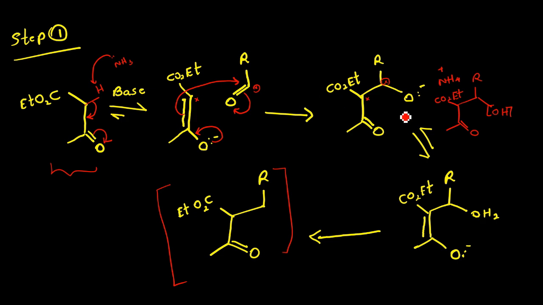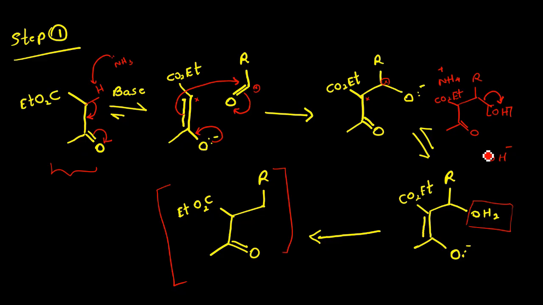In some books, you will directly remove this at this particular step, but I normally add another step. I will add another step of protonation to make this OH group a water molecule, because yes, this happens: the OH group leaves as OH minus.